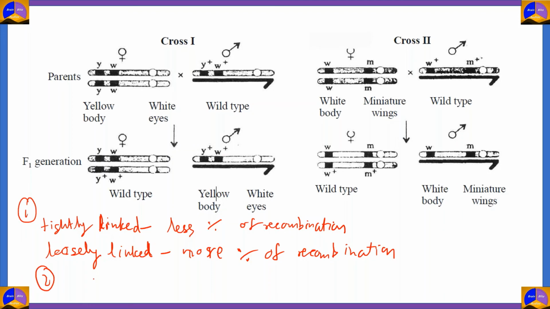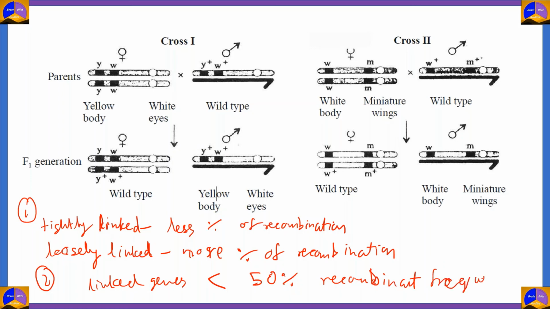The second point is that linked genes always have a recombinant frequency which is less than 50%. So the recombinant frequency of any linked gene, whether tightly or loosely, will be less than 50%.